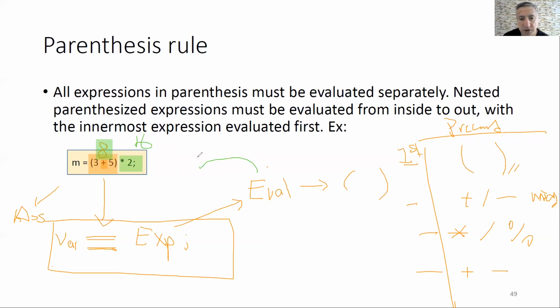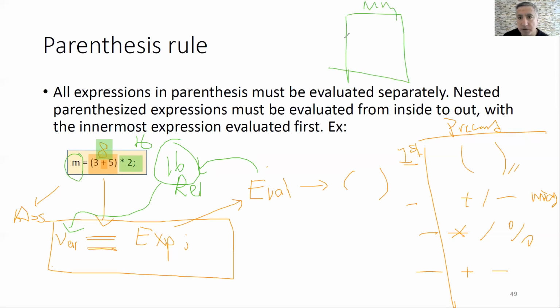So after evaluation, we find the result. Now the result is 16. Assign the result to the variable, which is m, right? So I will update the value of m in main memory. The location of m here has the garbage value.